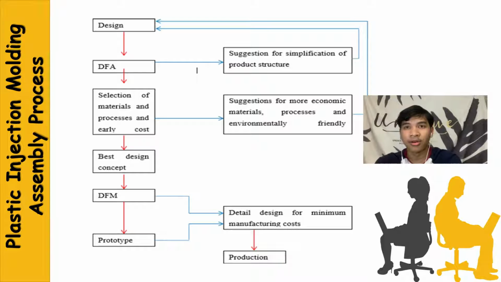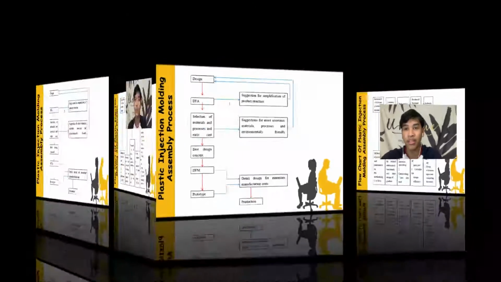And we suggest more economic material, process and environmentally friendly options, and we choose the best design concept. Lastly, we make the DFM and prototype. After that, we detail the design for minimum manufacturing costs, and lastly, production of the product.